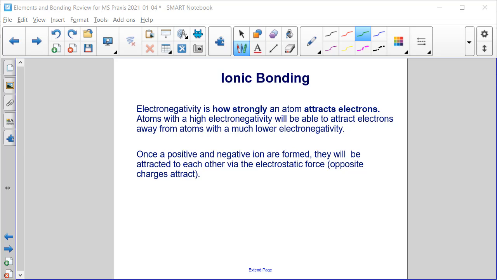So once a positive and a negative ion are formed from that high electronegativity atom attracting and removing electrons from those lower electronegativity atoms, they will be attracted to each other via the electrostatic force. And we know that that's just the attraction between opposite charges, a positive ion and a negative ion, attracting each other to form that ionic bond.